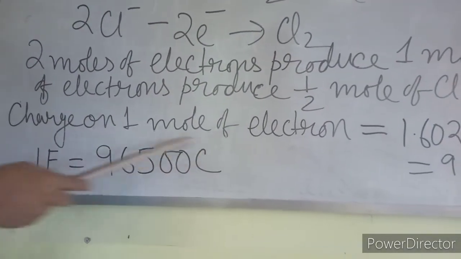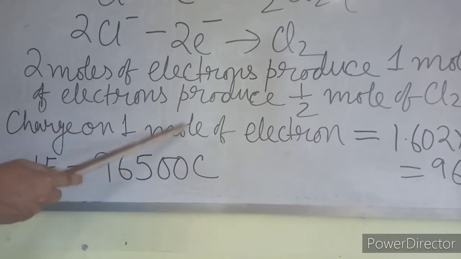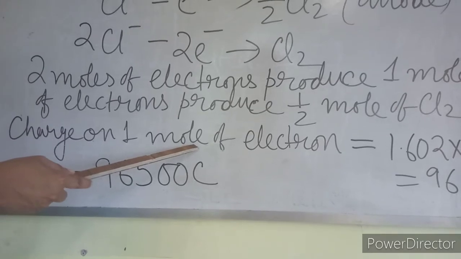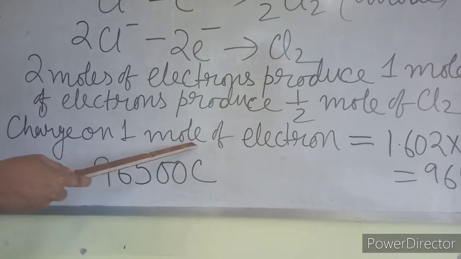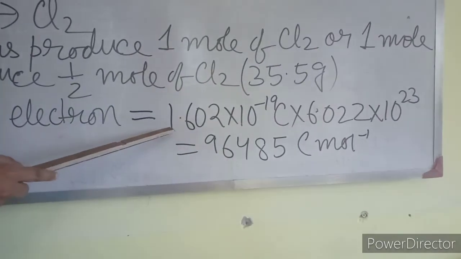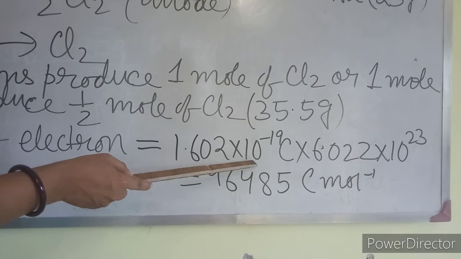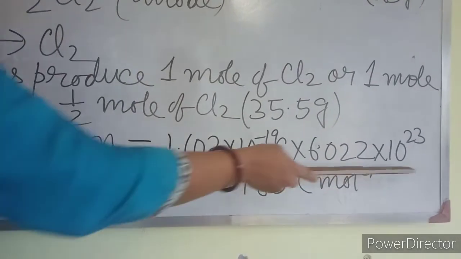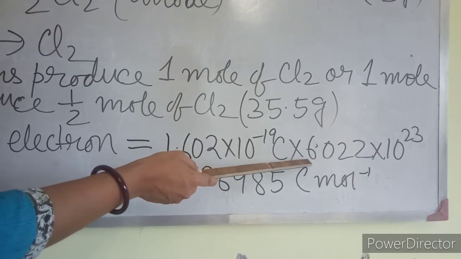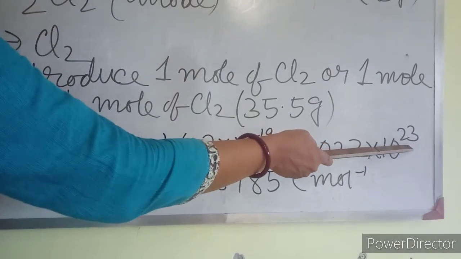So I am calculating the charge on 1 mole of electrons. To calculate it, I have to multiply the number of electrons in 1 mole by the charge on 1 electron. Charge of 1 electron is 1.602 into 10 to the power minus 19 coulomb, and 1 mole is 6.022 into 10 to the power 23 particles.